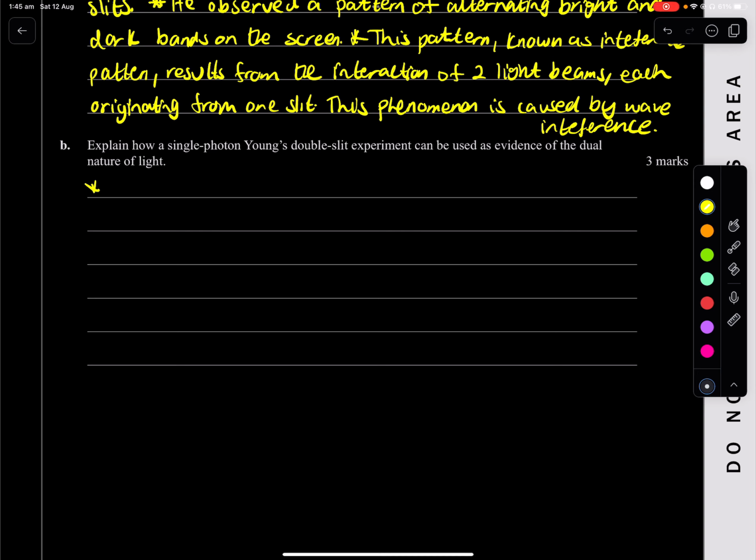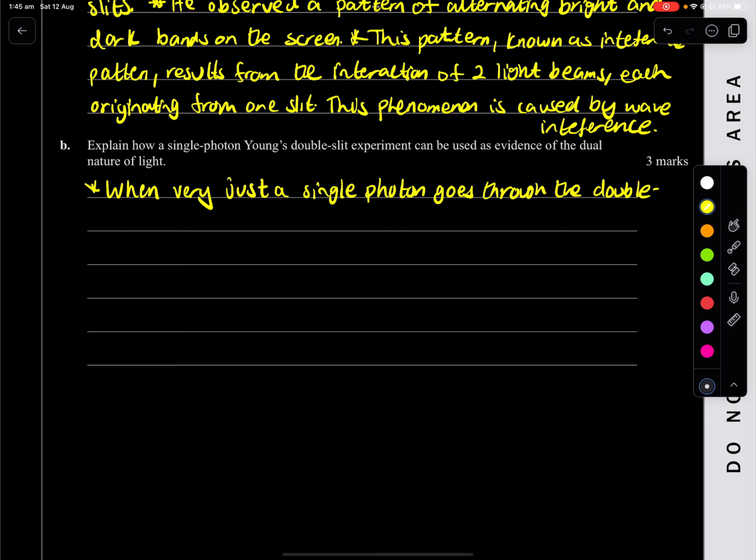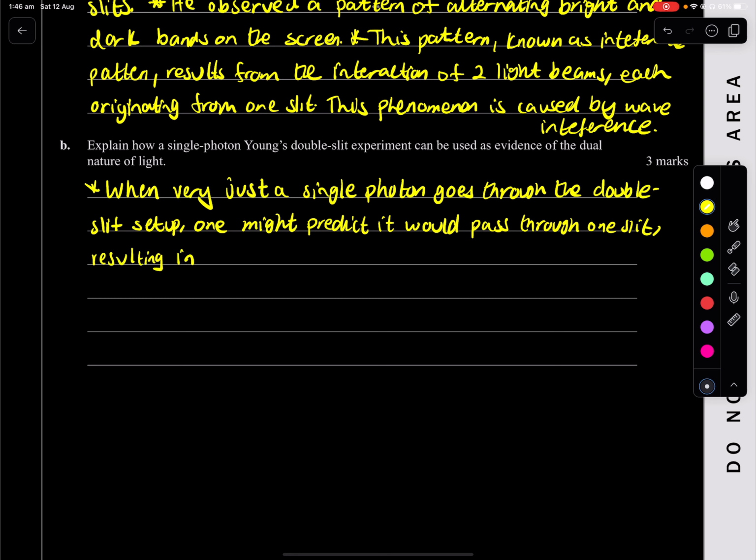So looking at my summary sheet, when a single photon goes through the double slit setup, one might predict it would pass through one slit, resulting in two bright bands on the screen.